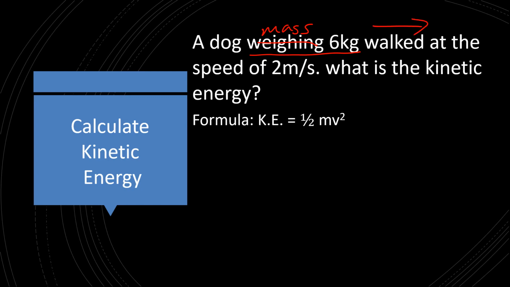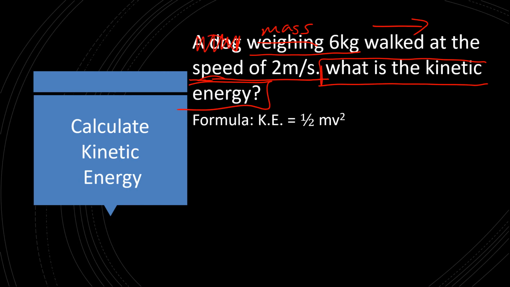We're not sure what that direction is, but we know that this dog is moving in a direction. So we have a speed of 2 meters per second, speed with a direction. And we want to know what the kinetic energy is. We don't need to know that it was a dog.